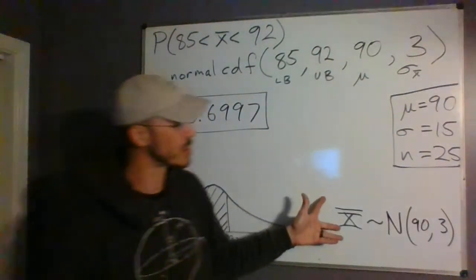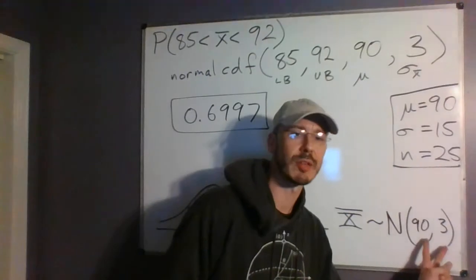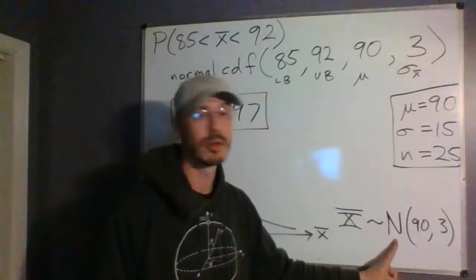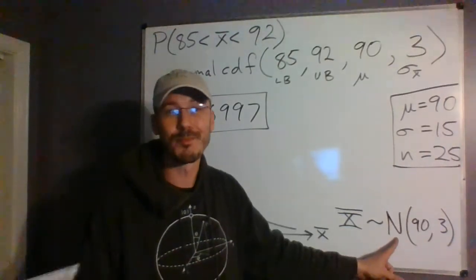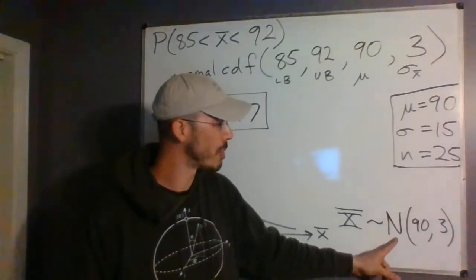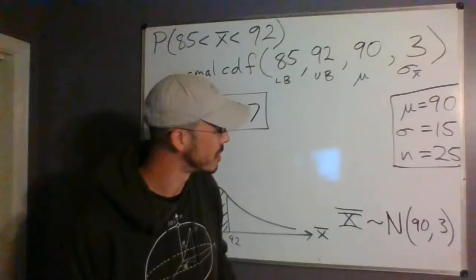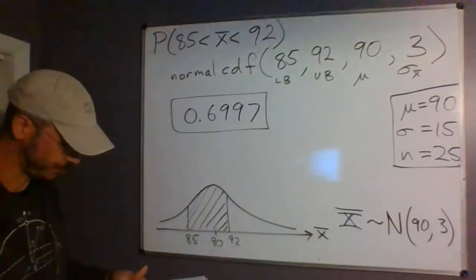This is also a good way to keep track of your relevant parameters. It also says that it's a normal distribution, which the original one, we don't know, but very possibly it was not. The sampling distribution is normal.